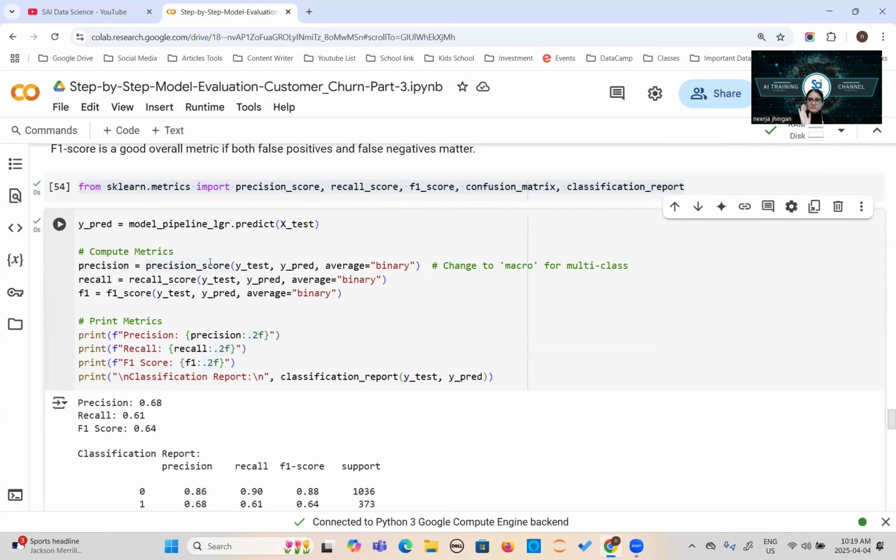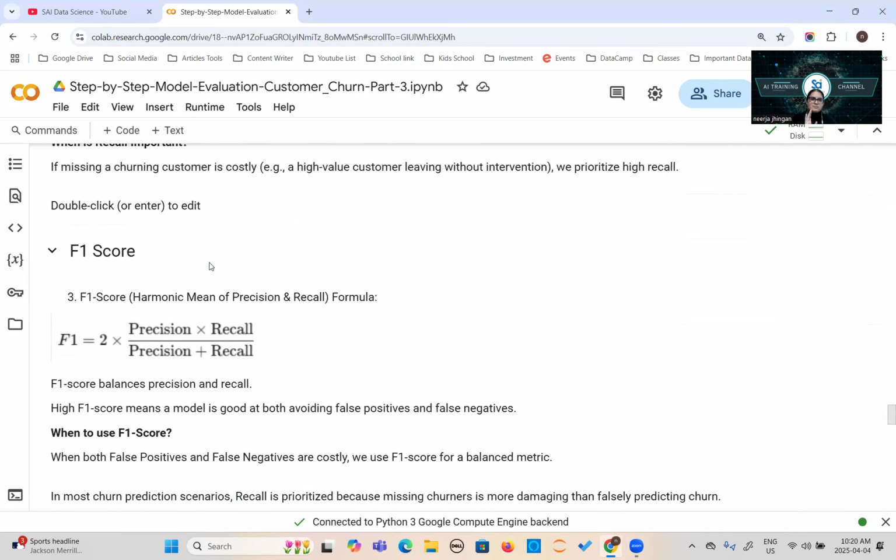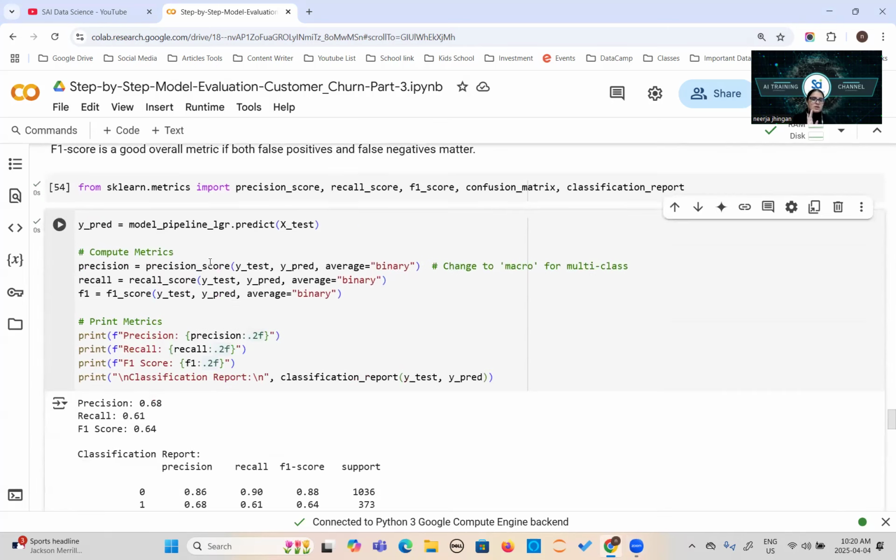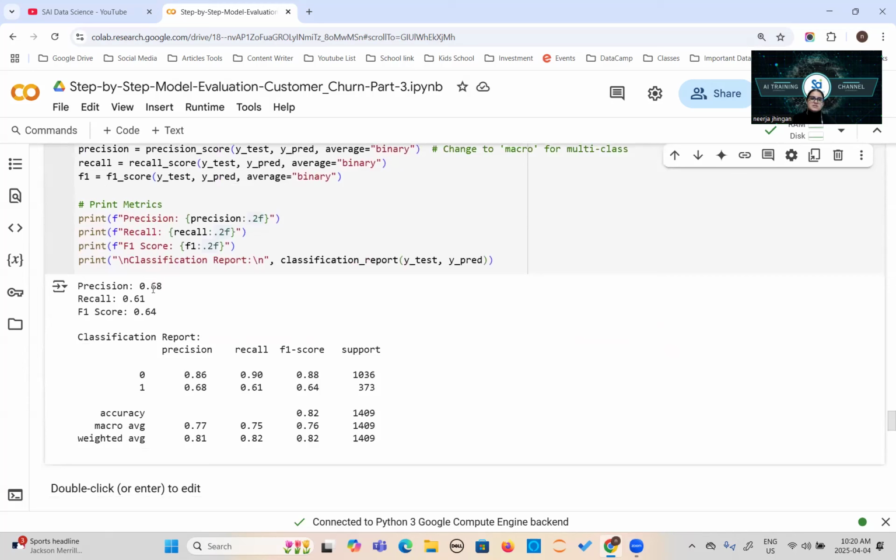This is the same file, and I did not add any feature engineering step. I am continuing from the next step after accuracy. Now look at the result. Precision is 68%, recall is 61%, F1 score is 64%. And this is the classification report.